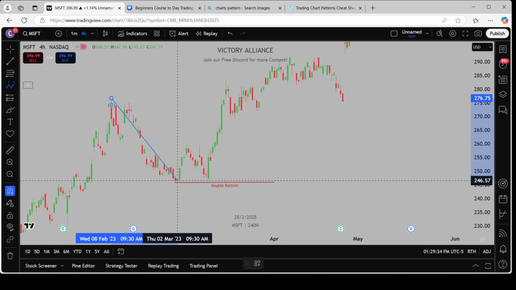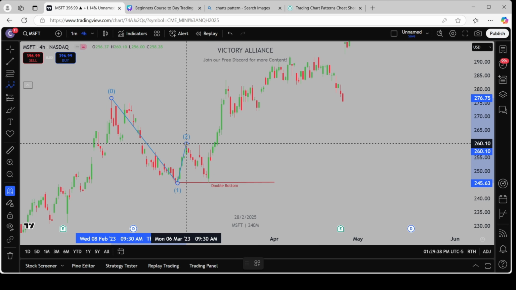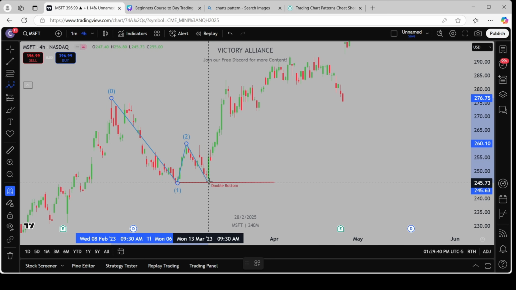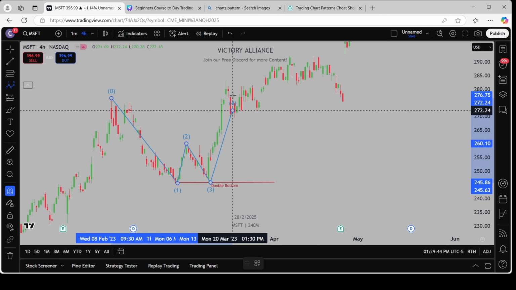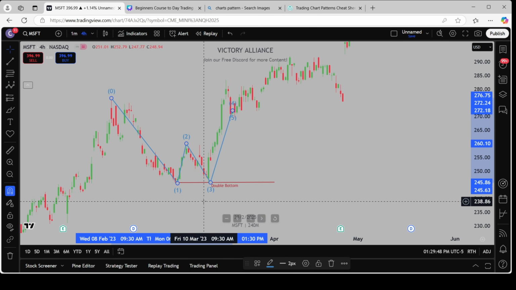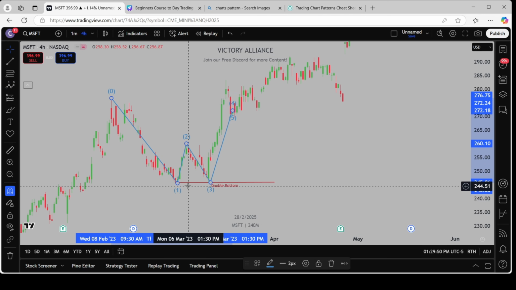We trade down to this level, then it spiked up, but then we come right back down to that level again before taking back off. This is a bullish setup. That's called a double bottom. We went downward, traded up, came back down just to test this level, and then we took off.